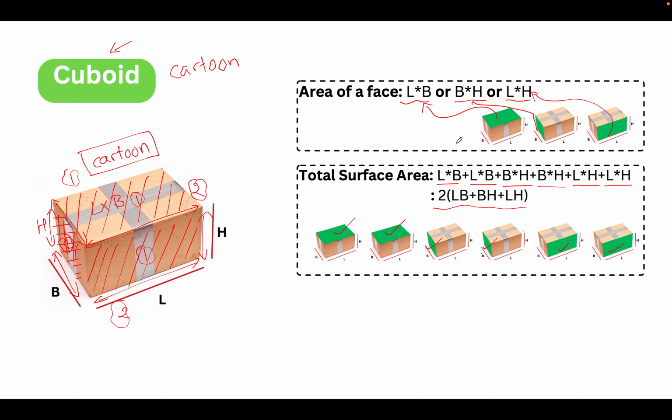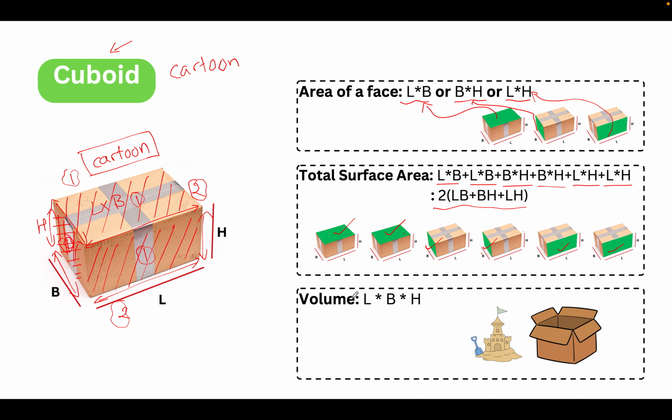Now we will learn the formula to find the volume of a cuboid, which equals L into B into H. In a cube, you have length, breadth and height similar, and we use the formula L into L into L for a cube.